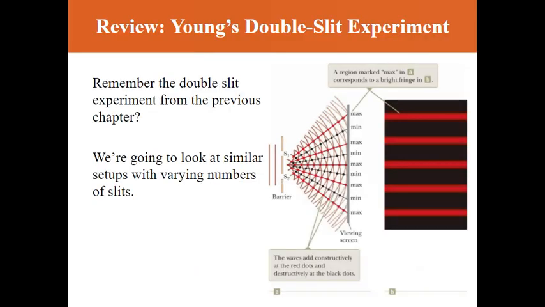Now let's recall that last chapter we talked about Young's double slit experiment, where you cast the light into two slits and then the light gets diffracted and you see a pattern on the screen created from the interference of the diffracted light emerging from both slits.